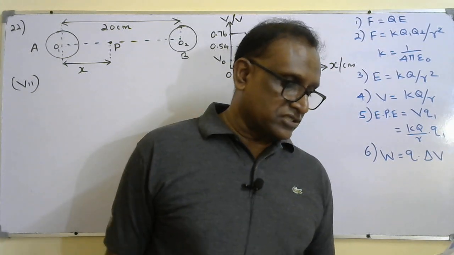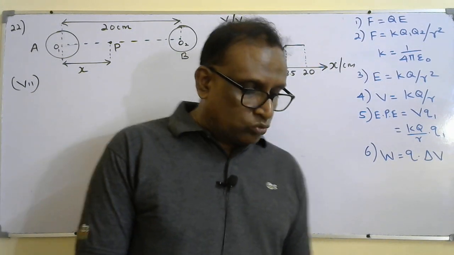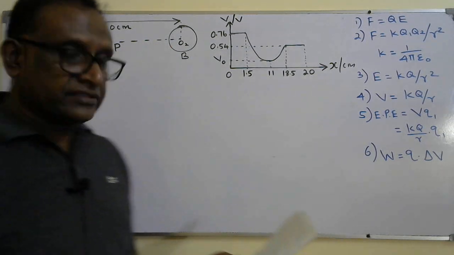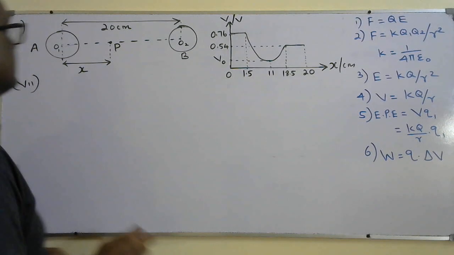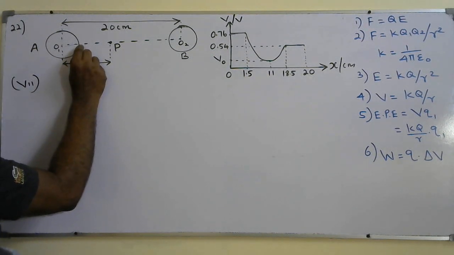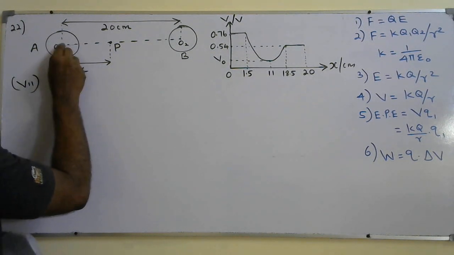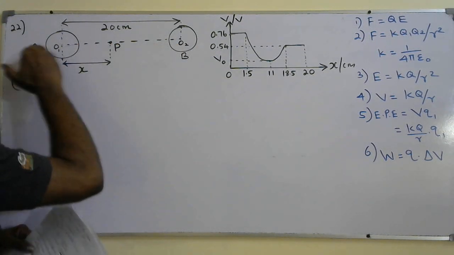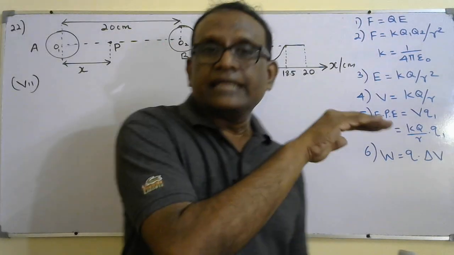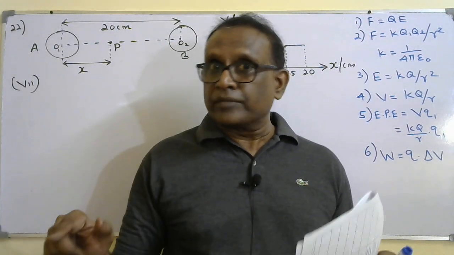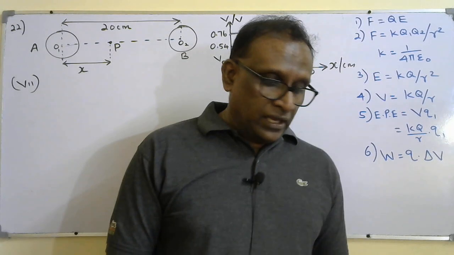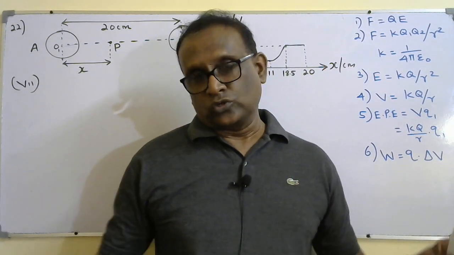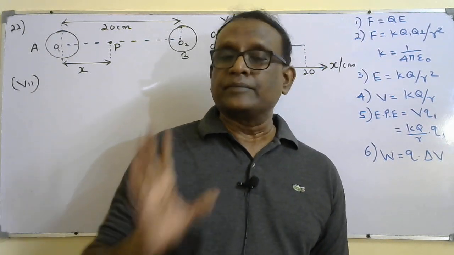The alpha particle moves along the line joining the two centers of the spheres, from rest at sphere A to sphere B, along the line connecting O1 and O2. Find the maximum speed of the alpha particle during its motion. That's the question.